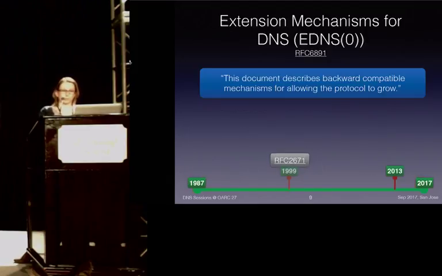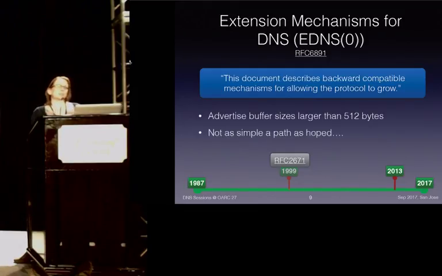So, to the rescue rides EDNS 0, with the grand statement that this is the backwards compatible mechanism to allow the protocol to grow. Of course, it did deliver. It saved UDP's bacon in the sense that it allowed advertising buffers bigger than 512 bytes. I will leave as an exercise to the reader the decision as to whether this really was the backwards compatible, simple path that was hoped for at the time.